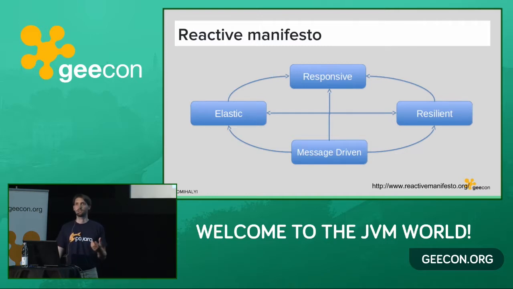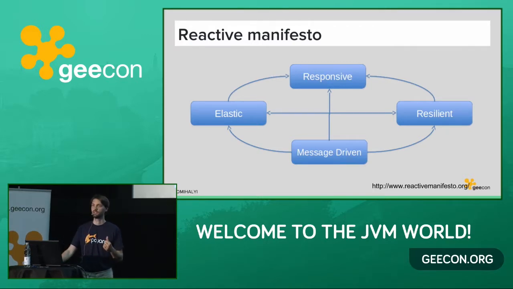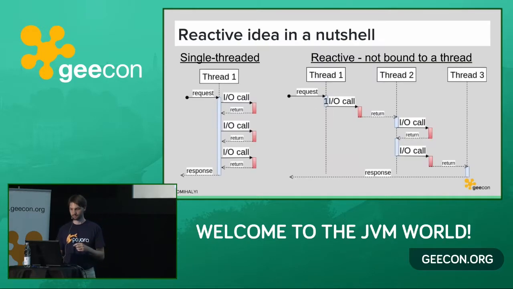And if we distribute the application to multiple instances, we also need to treat more and more failures in the network, in the communication between the nodes. So we need to respond to these. That's resilient. And to power all these things together, it's good to have a message-driven architecture so that there are no bottlenecks and no synchronous calls between the components.